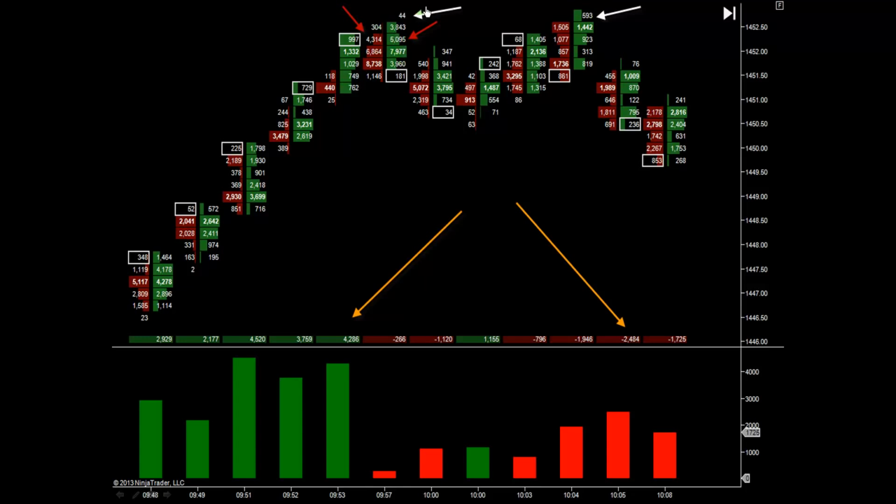Okay, so we can see that we peaked up here and we just printed 44 contracts. There's no buyers there. Now it probably just slipped through momentarily. If we had absorption here on the offer side, what you'll find is sometimes there's absorption and they're rebuilding the ceilings and rebuilding the ceilings and rebuilding the ceilings.